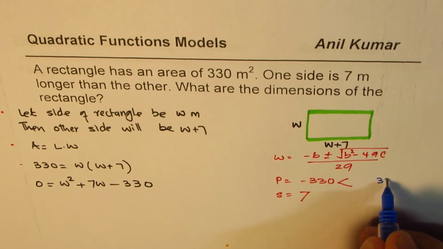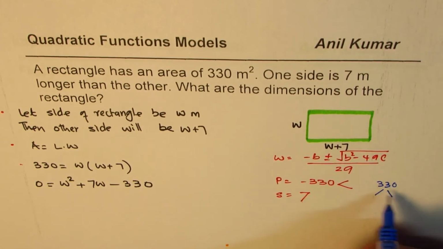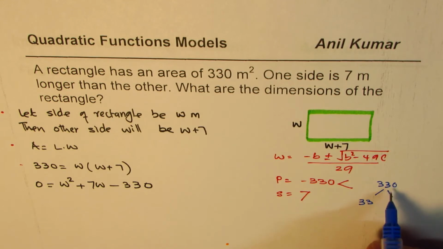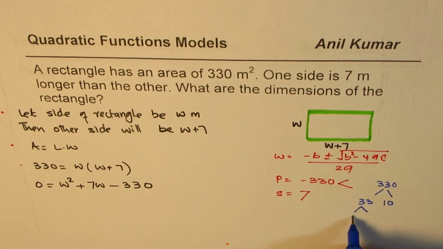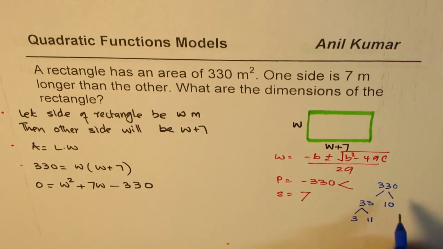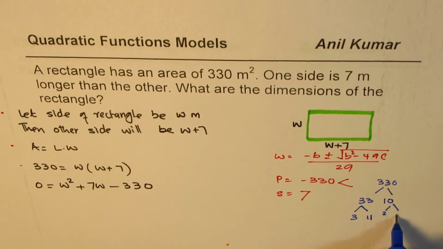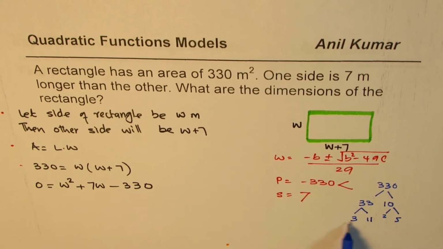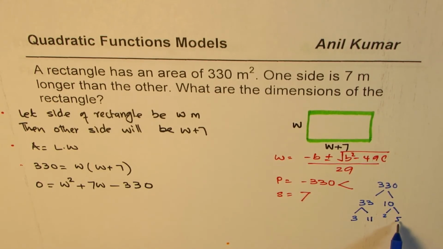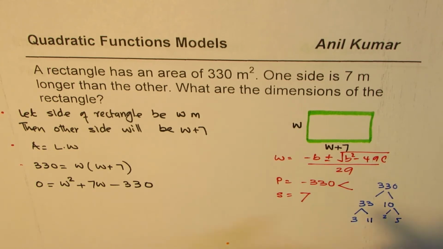So we could factor 330 as 33 times 10, and 33 is 3 times 11. Do you see that? 3 times 11, and 10 is 2 times 5. So that combination can actually give you the answer. 3 times 5 is 15, and 11 times 2 is 22, right? So you could have this combination.